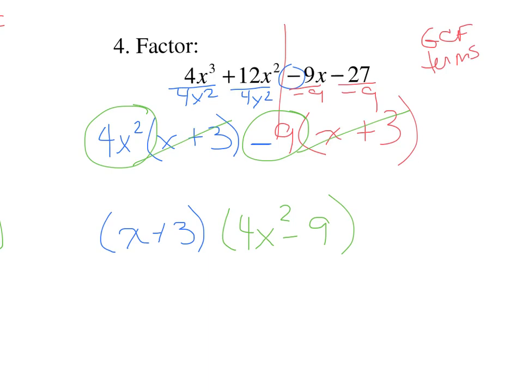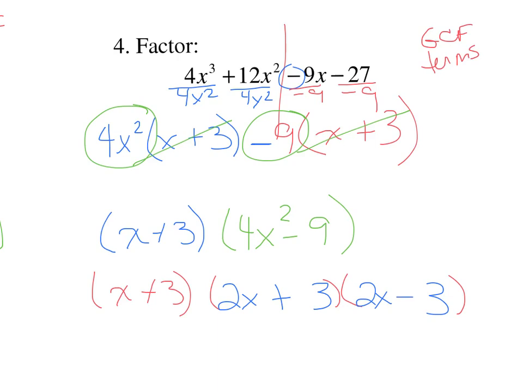This first one is not, so it's going to stay. But this second one is the difference of squares, so we need to factor that down again. The square root of 4x squared is 2x times 2x. The square root of 9 is 3 times 3, 1 plus, 1 minus, and you're done.